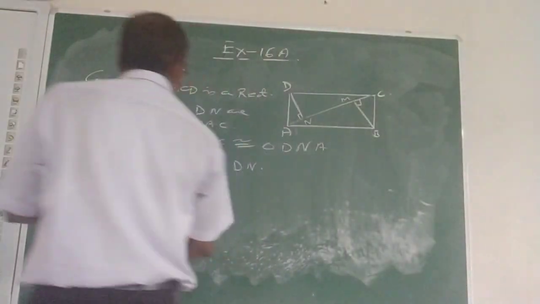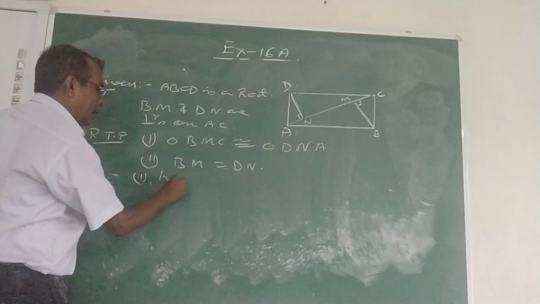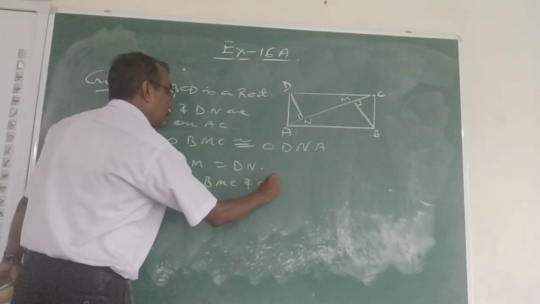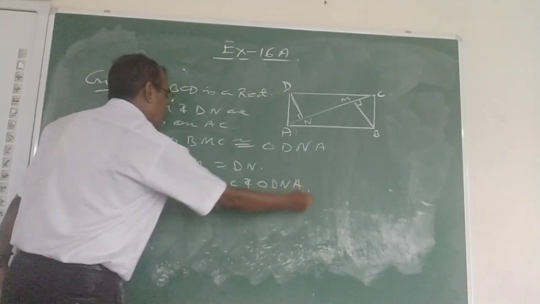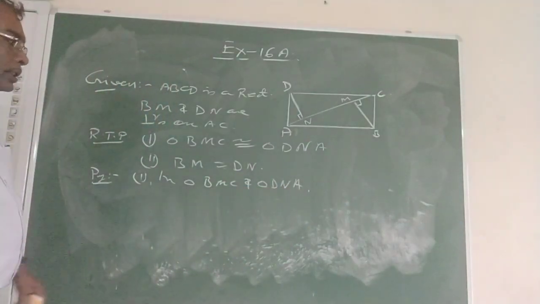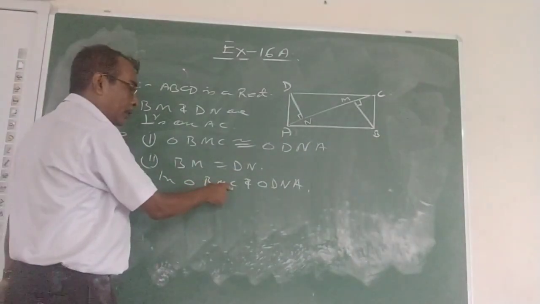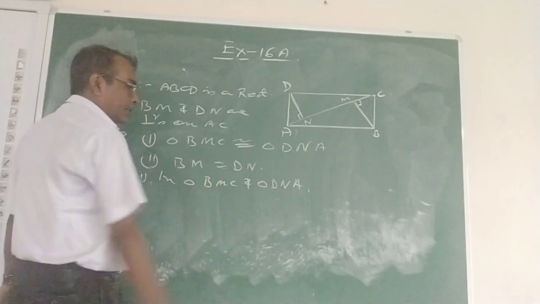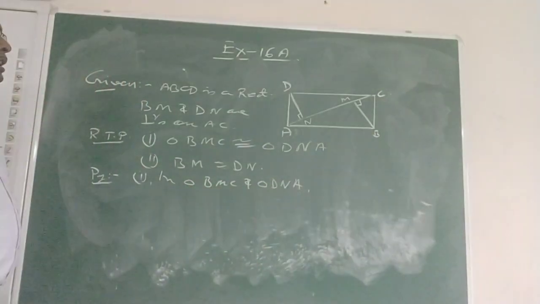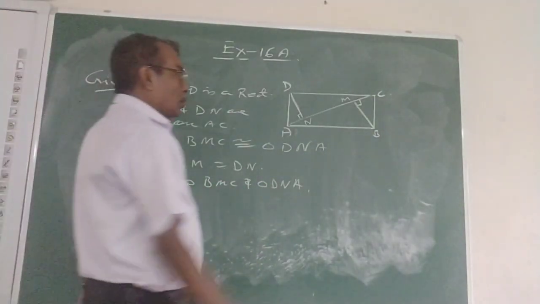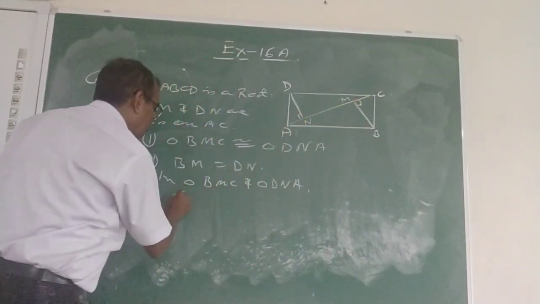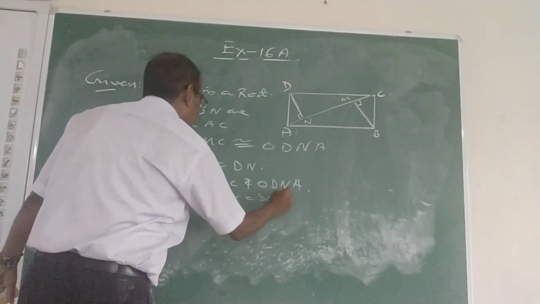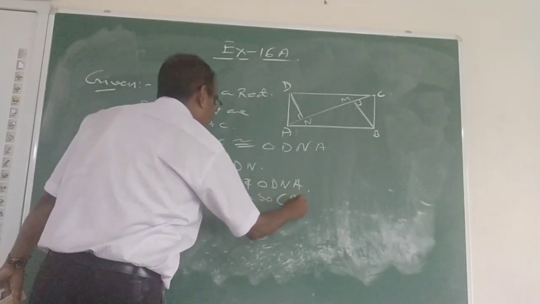So now prove: in triangle BMC and triangle DNA, in these two triangles, obviously BMC is the left-hand side, so on the left-hand side you have to write the data of BMC and then the right-hand side DNA. Anyway, let us start. First of all, angle, side. So angle M is equal to angle N, because each is equal to 90 degrees. This is A, angle.